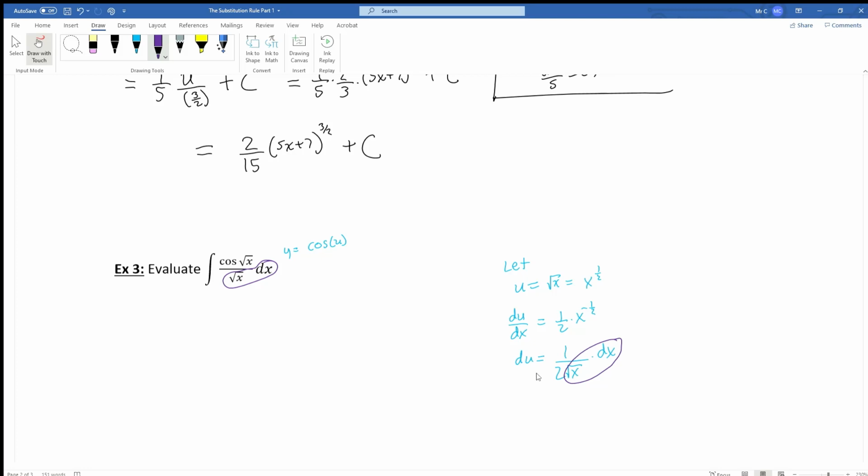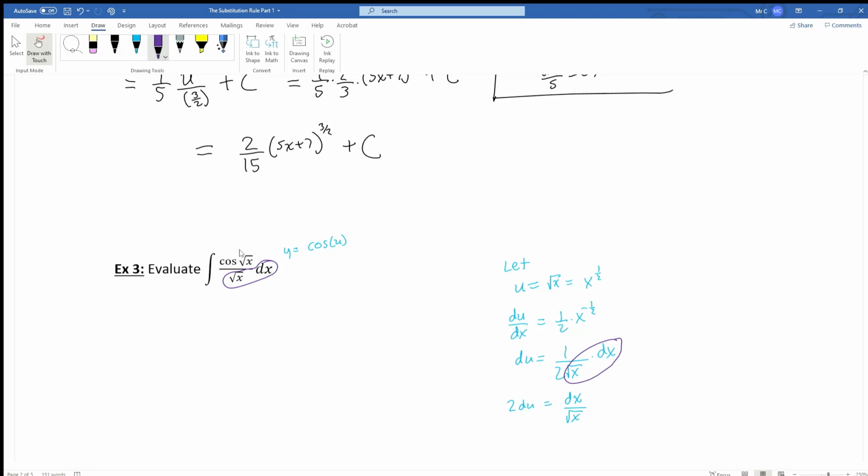That 2 doesn't fit. So I'm just going to multiply the 2 across, and I get 2 du. It's okay if I have a constant in there still, as long as I get rid of any of the variable x, so that I only have one variable to integrate with respect to. And then that gives me 2 du equals dx over the square root of x.